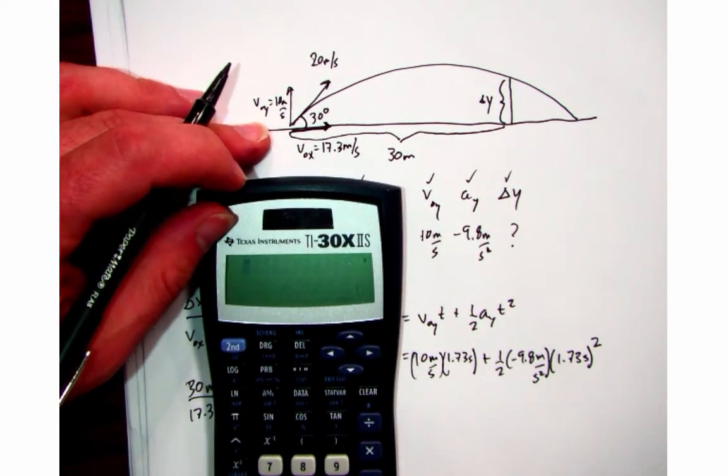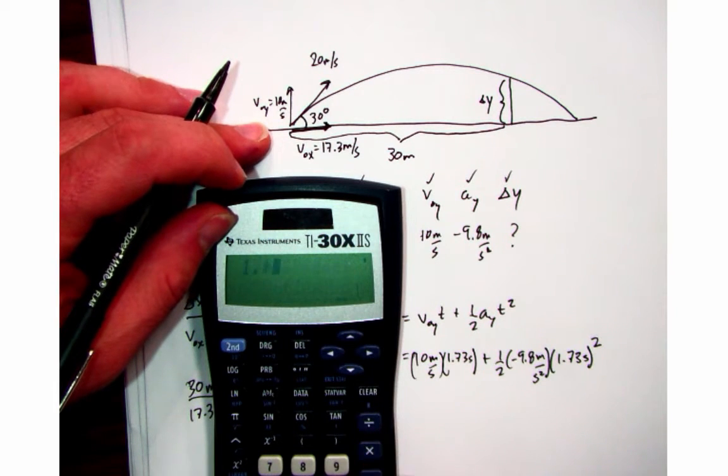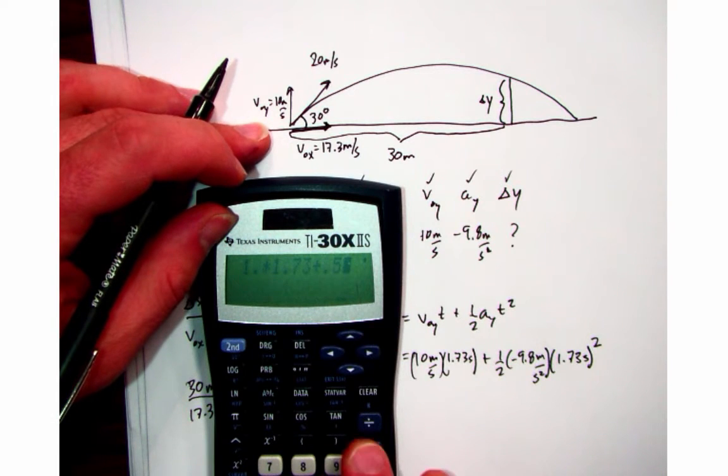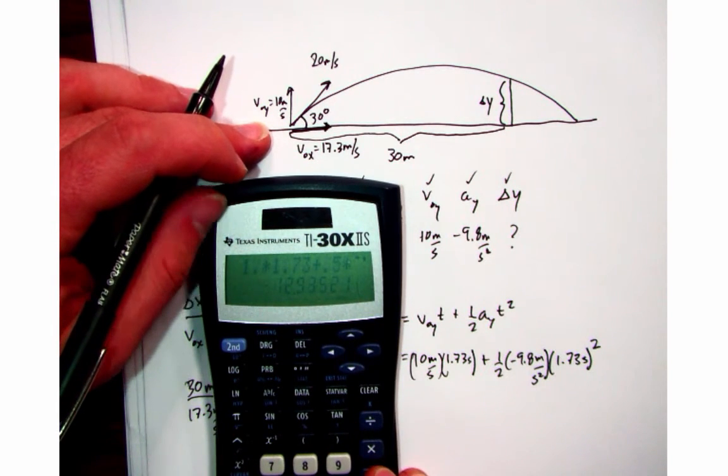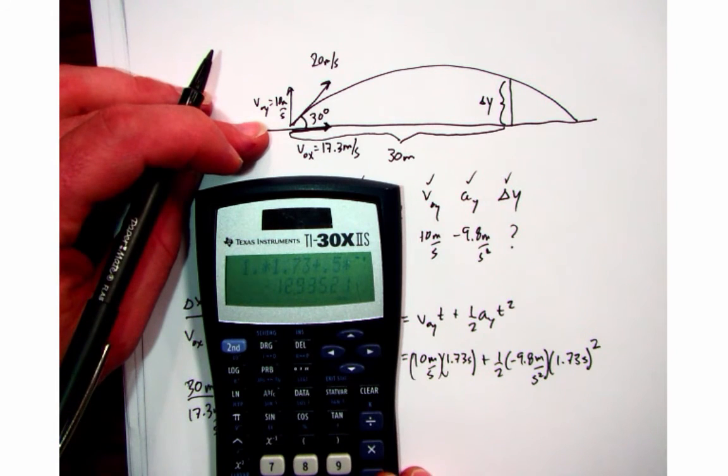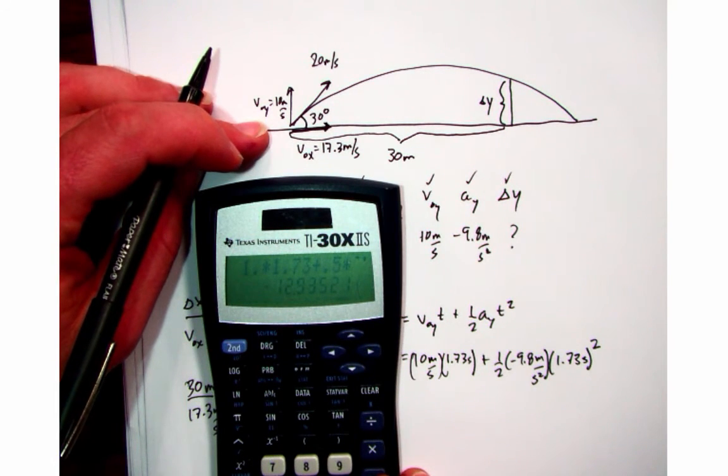I go 10 times 1.73 plus 0.5 times negative 9.8 times 1.73 squared. And I get negative 12.93. That's not right.